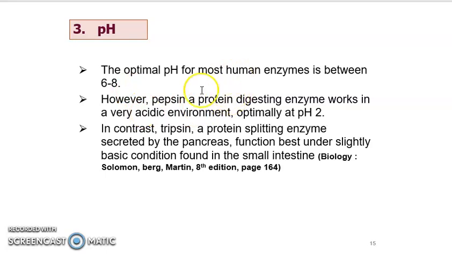However, pepsin, a protein digestive enzyme, works in a very acidic environment, optimally at pH 2. In contrast, trypsin, a protein splitting enzyme secreted by the pancreas, will function best under slightly basic condition found in the small intestine.